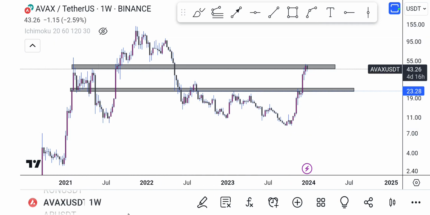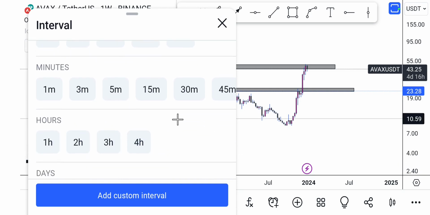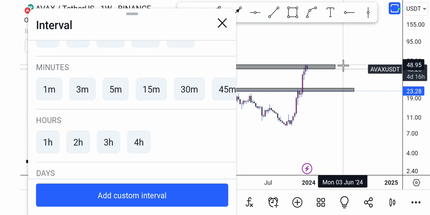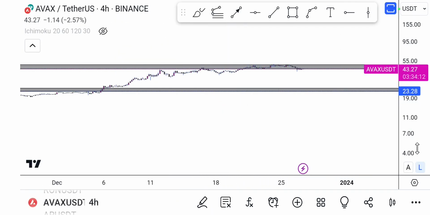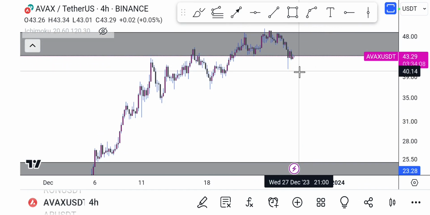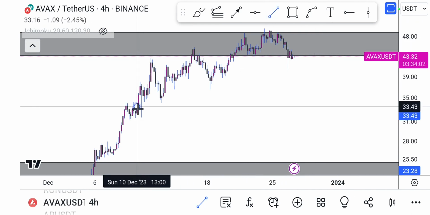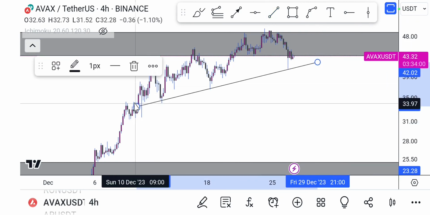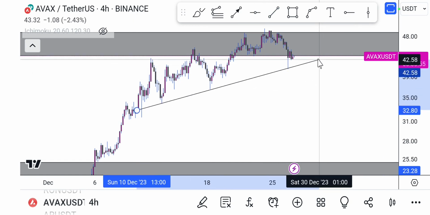Nothing really much on this AVAX, but it's a good run from 11 to around 49 or thereabouts. Yeah, 49. So let's see. Yeah, still within that range, still stable, but we might likely get that dump.